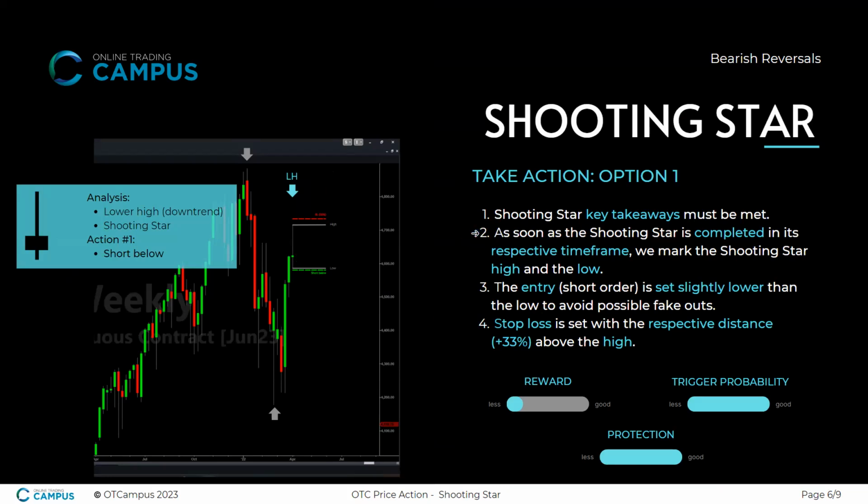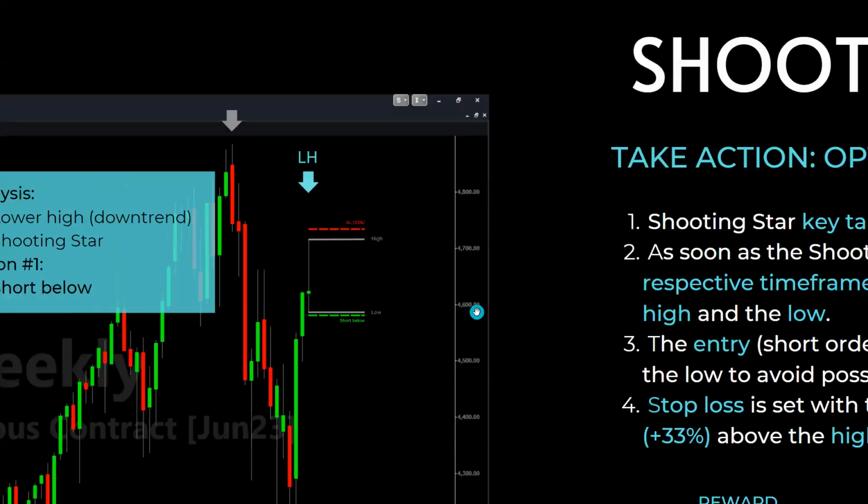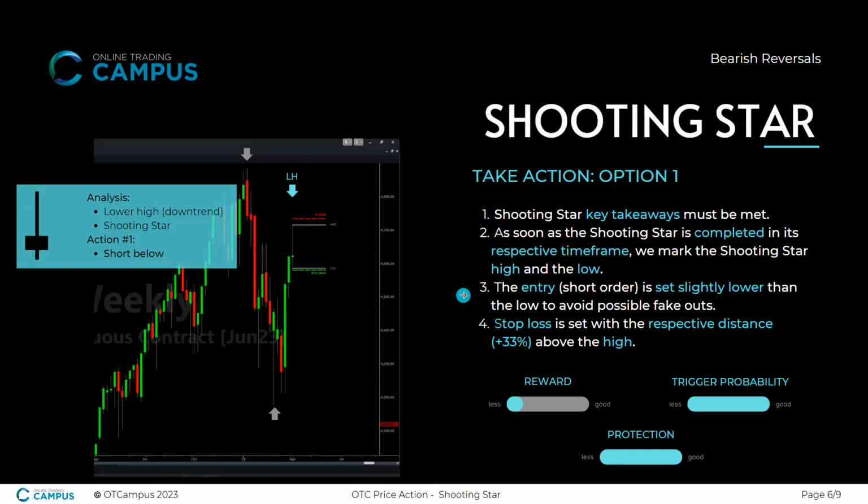As soon as the shooting star is completed in its respective time frame, we mark the shooting star high and the low. This is a high, guys, here, and this is a low. Number 3, the entry, the short order for a bearish reversal, is set slightly lower than the low to avoid possible fake outs.